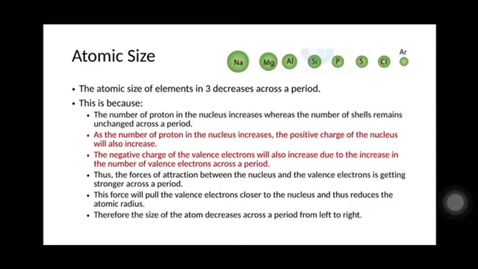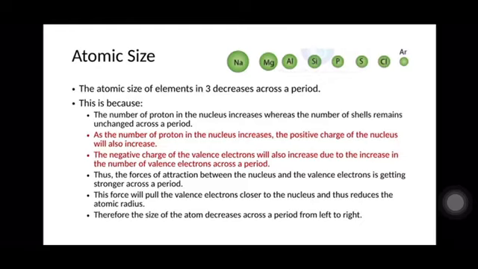You understood, right? So what happened bila the forces of attraction between nucleus and valence electron is getting stronger? Ini menyebabkan the forces of attraction tu akan pull the valence electron closer to the nucleus.